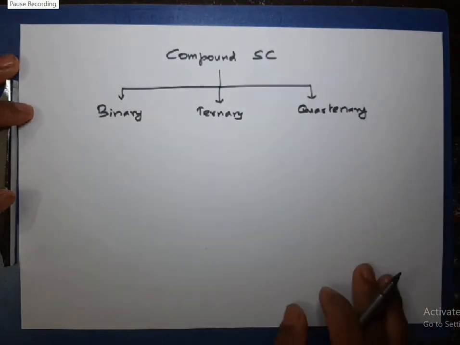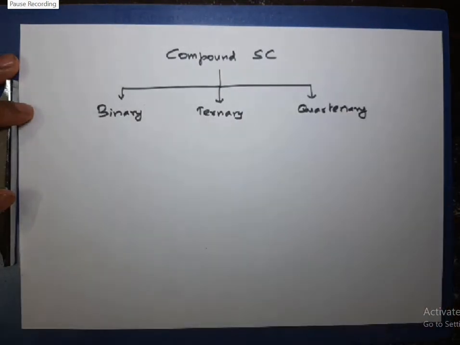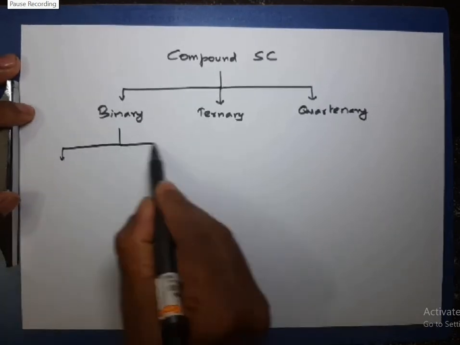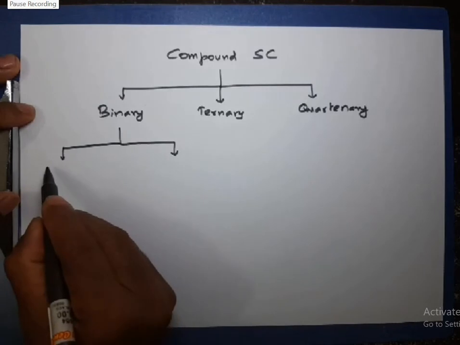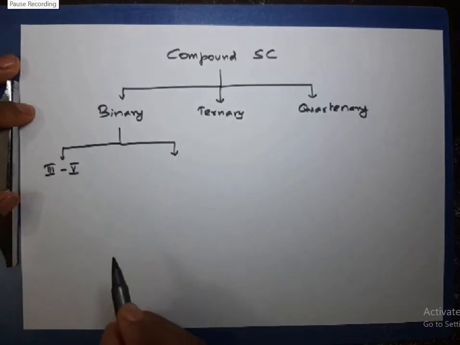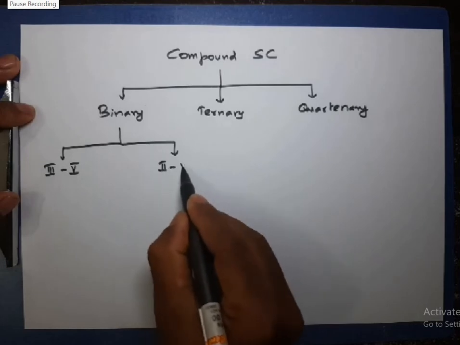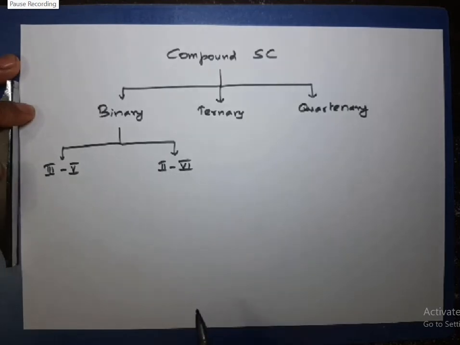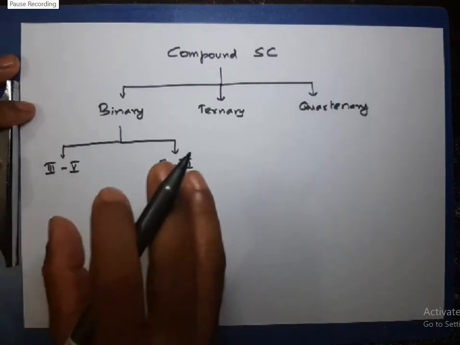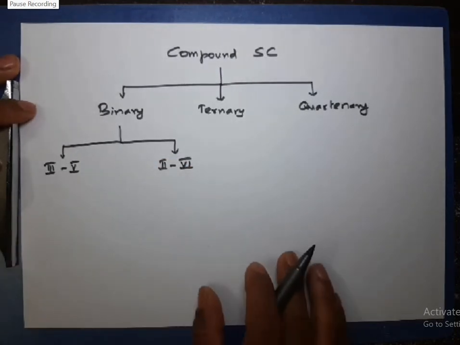In binary semiconductors, we have 3-5 semiconductors and 2-6 semiconductors. We have other types also, but these are the two basic types of binary compound semiconductors.